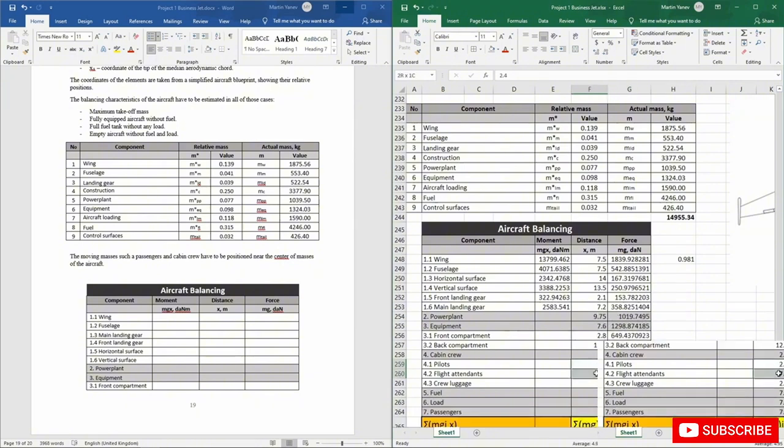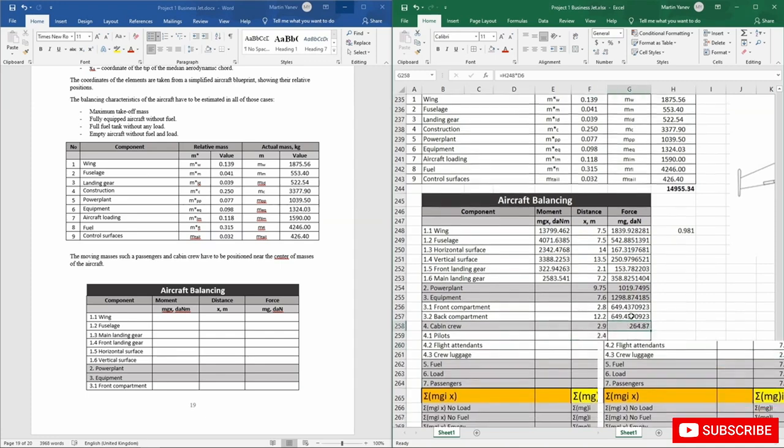I'm actually not going to estimate the masses of the pilot, of the flight attendants, and of the crew luggage separately, because usually the pilots and the crew luggage are positioned at about 2.9 from the origin of our coordinate system, and the flight attendant is only one, so there is pretty much no point in estimating this separately, because I think we would get the same value, right? Since we have the total cabin crew mass, I'm not going to estimate this here.